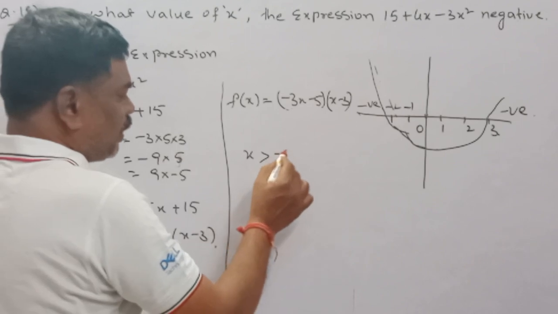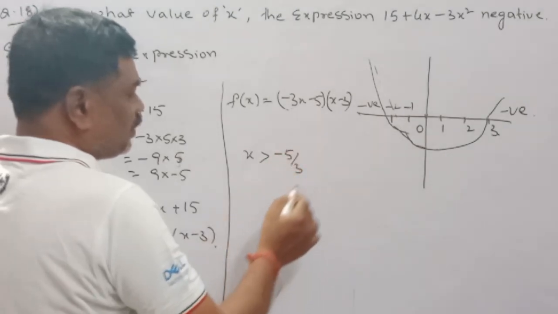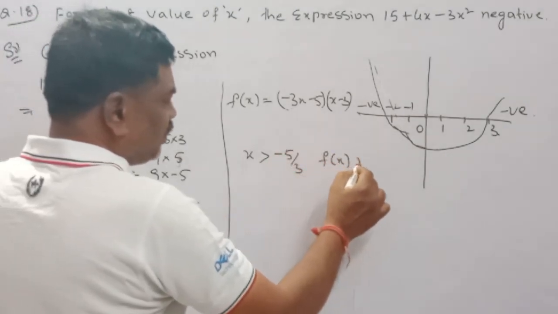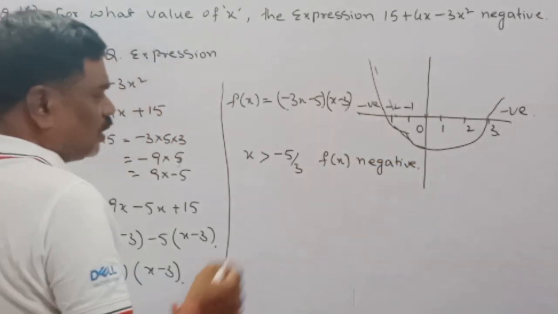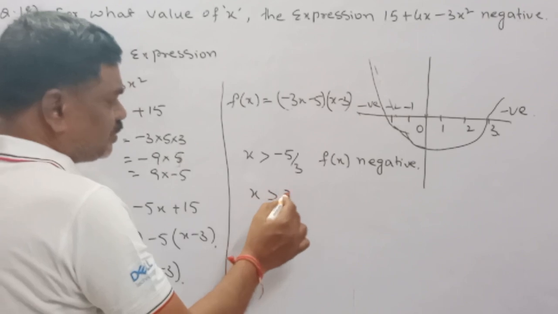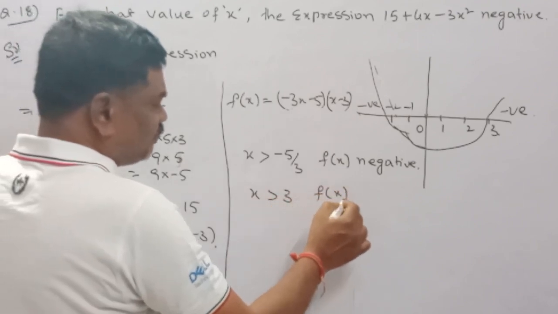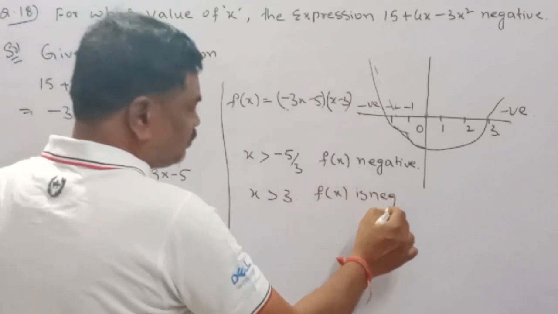So x greater than minus 5 by 3, f of x is negative, and x greater than 3, f of x is negative.